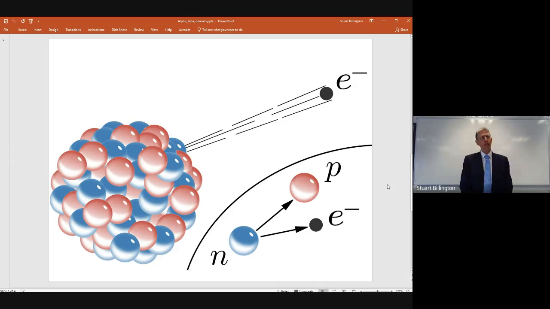And to get your head around that, a nucleus is as small compared to you as you are compared to the entire solar system. Imagine how much space there is in the solar system and how tiny you are compared to the whole of the solar system that's out there.